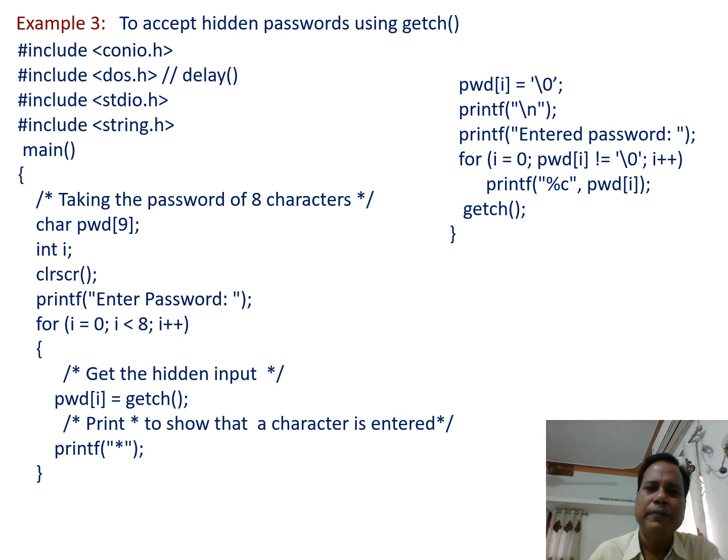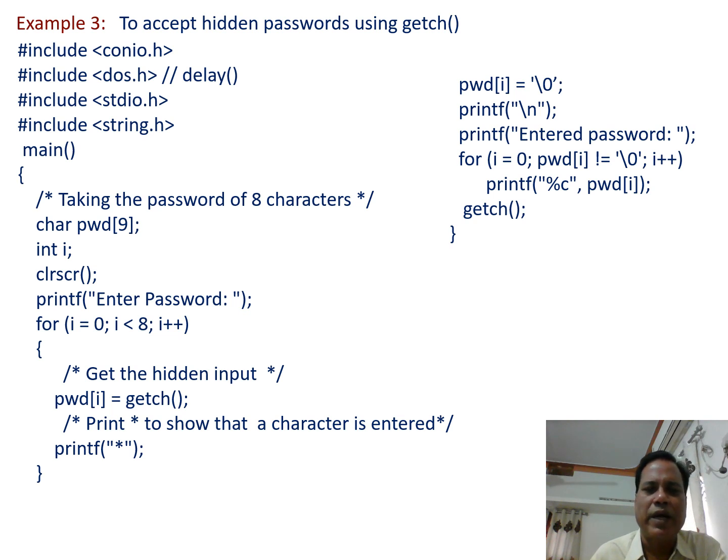We declare a character array that can contain 9 characters, because we have to store a password of 8 characters, and in every string the last character is going to be the null character, just to find that we have read or displayed every character stored in the character array.